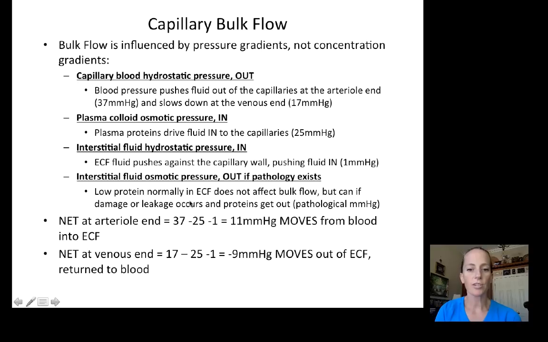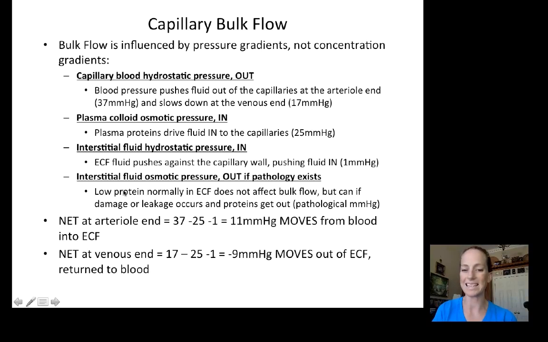Overall, the four pressures we want to think about are the capillary blood hydrostatic pressure, that's the blood pressure in the capillaries; the plasma colloid osmotic pressure, that's the plasma proteins inside the capillaries; the interstitial fluid hydrostatic pressure, that's the fluid pushing against the capillary wall; and the interstitial fluid osmotic pressure, that's the low protein normally in the extracellular fluid.